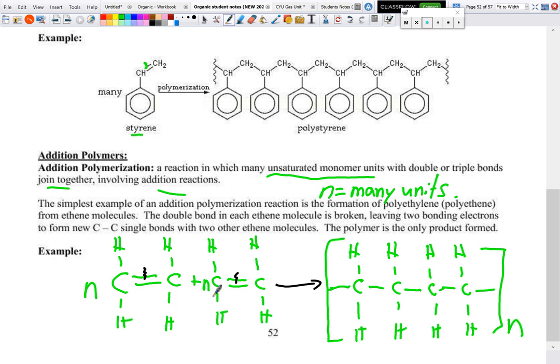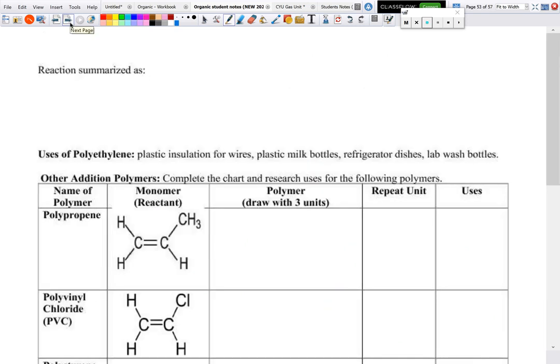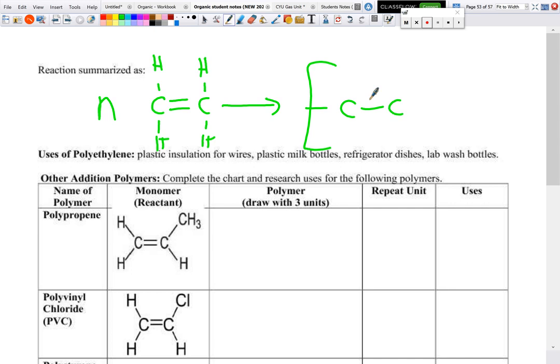Now, sometimes, especially at this one right here, where it's the same unit, we'll notice it's a little redundant saying N-ethene plus N-ethene. So we can simplify this as well. And that's on the next page right here, where the reaction can be summarized if we just go N, and then we go C2H4, arrow, square brackets, and then we write in our, which once was ethene.